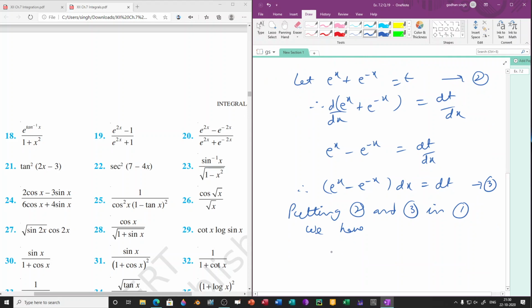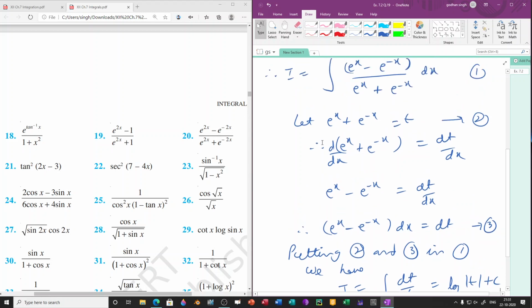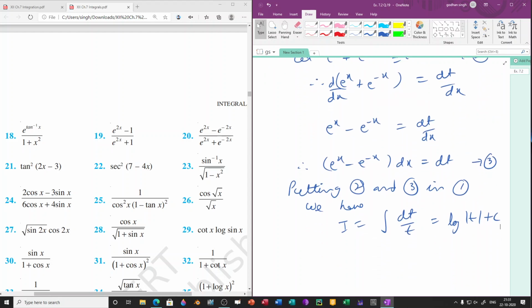Therefore we have I equal to the integration of dt over t, and that is equal to log mod of t plus c. But our original function is in terms of x, so we will replace t with its value, that is e^x + e^(-x). Therefore I equal to log mod of (e^x + e^(-x)) plus c.